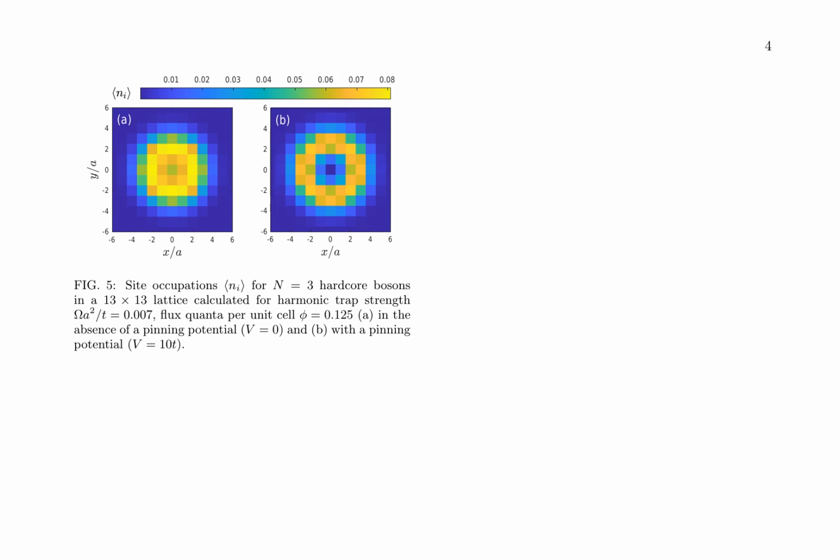In contrast, subplot B shows the site occupations in the presence of a pinning potential, where V equals 10T. The pinning potential leads to a significant modification of the occupation pattern, with the emergence of localized density peaks at specific lattice sites, resulting from bosons being pinned to the lattice sites and suppressing vortex lattice formation.